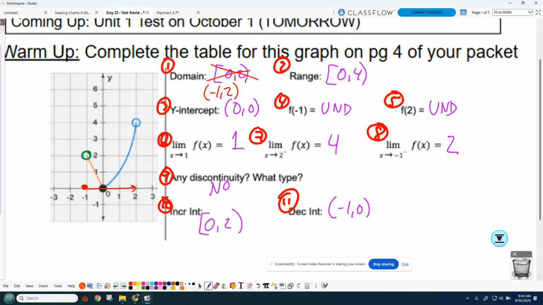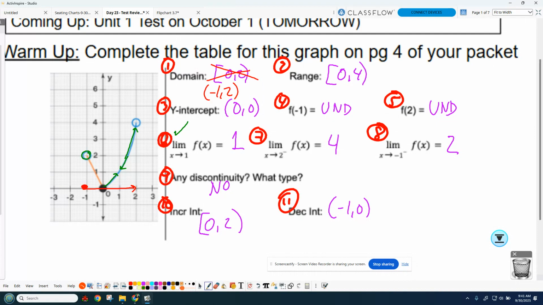The limit as x approaches 1. From the left and the right, the functions go into the same place. I agree with this one. As we approach 2, from the left-hand side, from the side that has negatives on it, we can't get to 4, but we're getting really, really close.